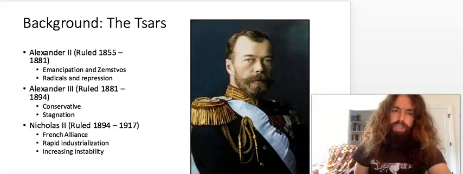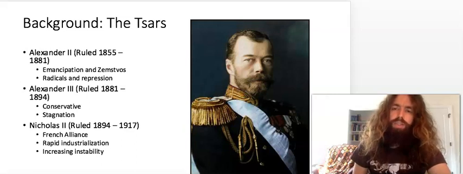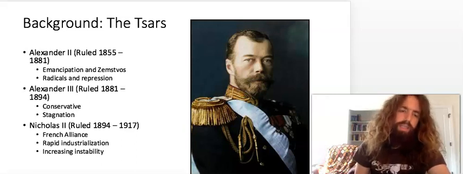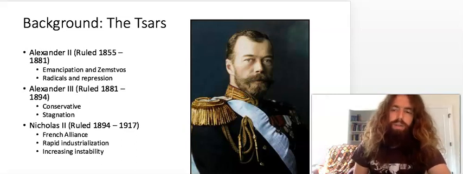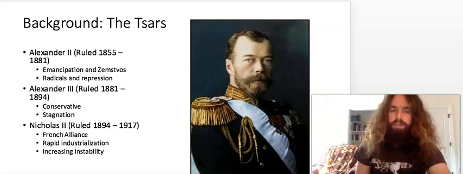Probably most significantly, he is able to forge an alliance with France, in which Russia promises to give France military assistance in exchange for very, very cheap French loans that will be used to fund Russian industrialization. He also has a number of other important reforms, including land reforms, in which land is privatized.